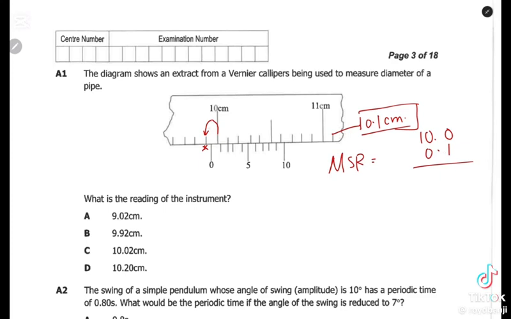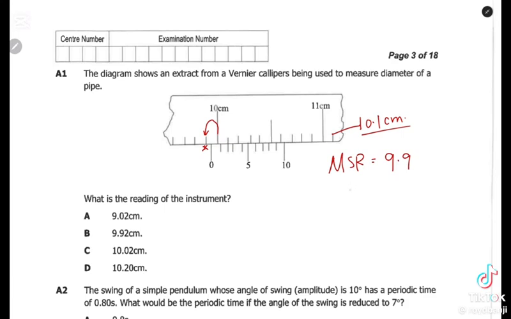Since we've gone back one step, 10 minus 0.1 gives 9.9. So the main scale reading is 9.9. Or you can just subtract 0.1 from 10 using the calculator.